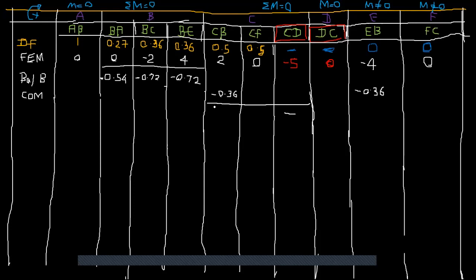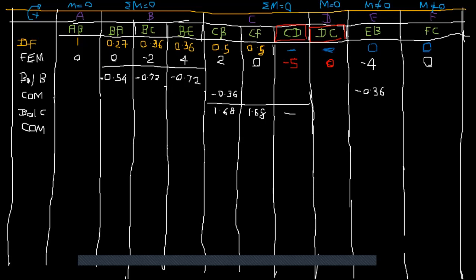So I need to add positive value 1.68, right? Okay. So now C is balanced, so we need to carry over. Balance C and carry over.